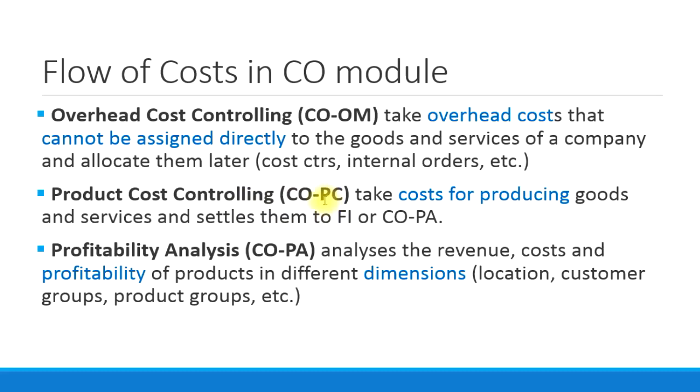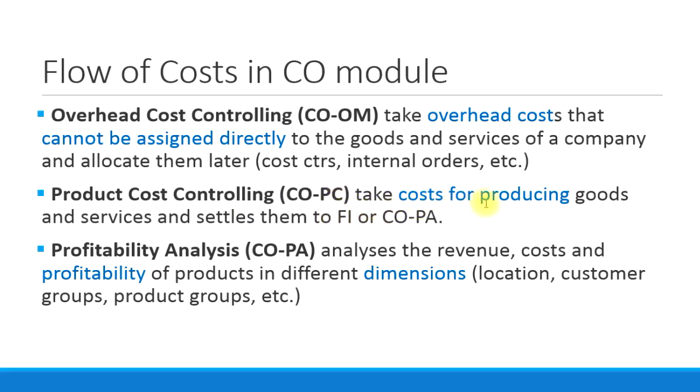If you are in the industry of providing labor, or in a telecommunication industry, or those kind of industries where you'll not be actually physically selling products, then you'll not be physically manufacturing products, you'll not be implementing product cost controlling. So in most of the CO implementations, if it's a manufacturing environment, you'll be having product cost controlling implemented. If it's a non-manufacturing environment, then the COPC module will not be implemented.